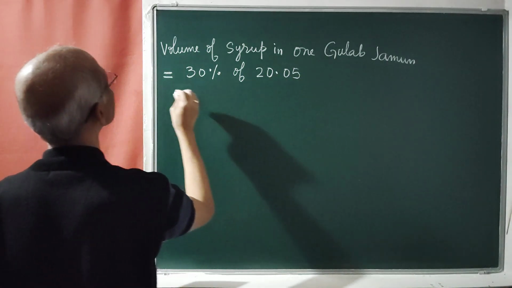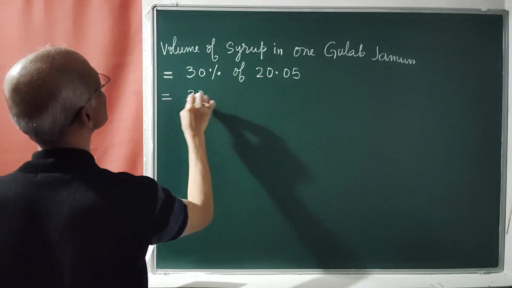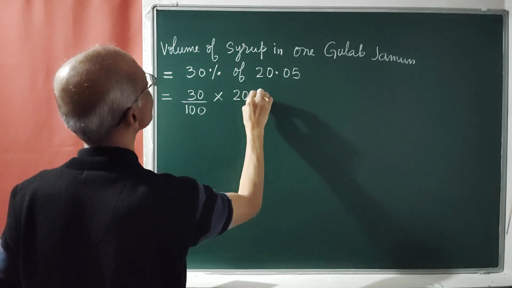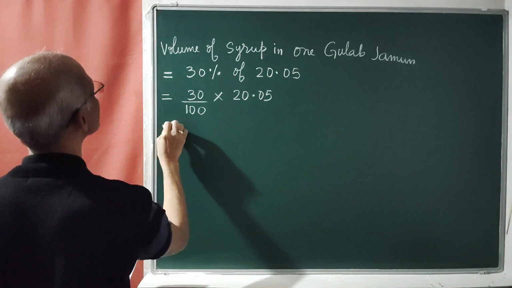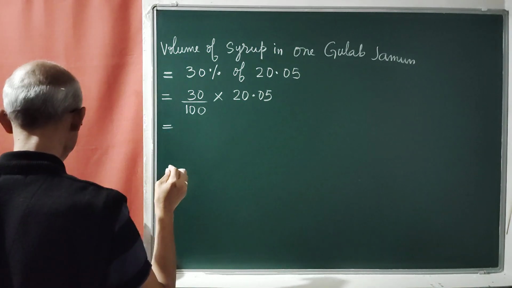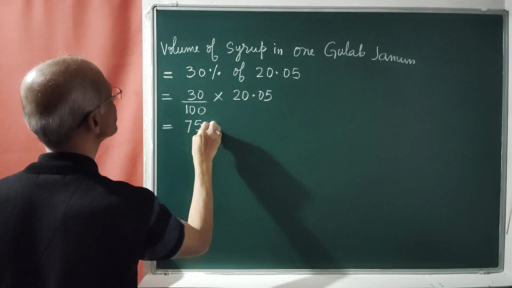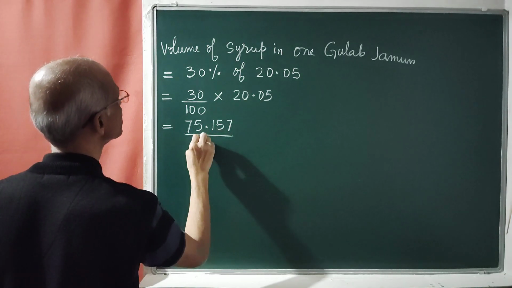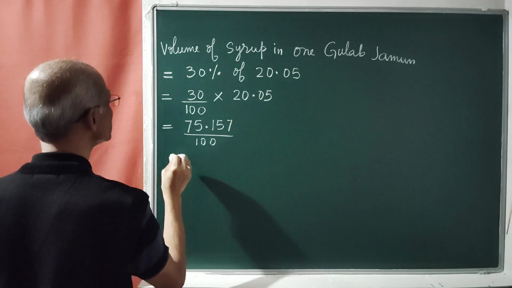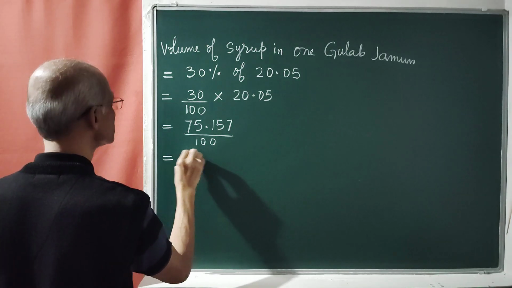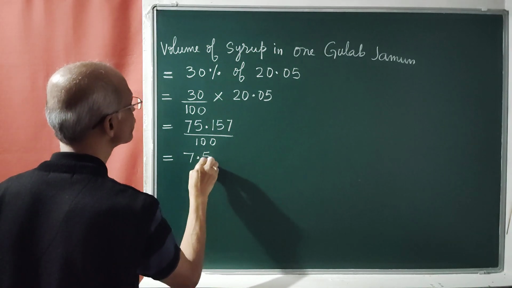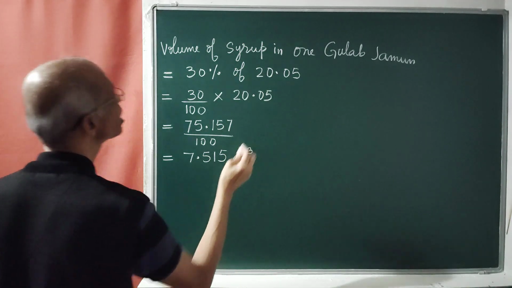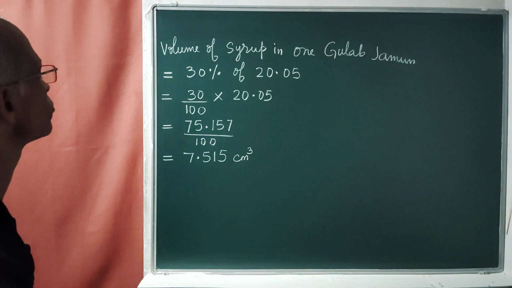That's equal to 30 by 100 into 25.05. That's equal to 751.5 by 100. That's equal to 7.515 centimeter cube. This is the amount of syrup found in one gulab jamun.